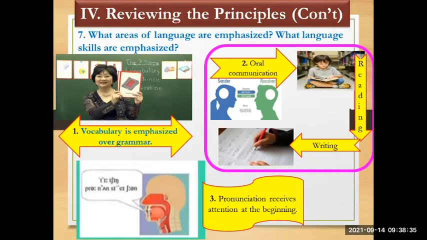And pronunciation receives attention at the beginning. Correct pronunciation is also emphasized. The teacher is going to correct as soon as she notices, or let the student figure out what is wrong there, and they're going to self-correct themselves. We're going to go to that on the next slides.